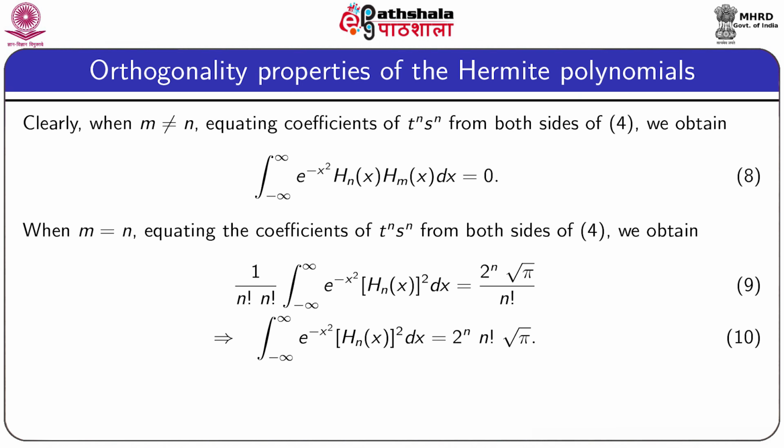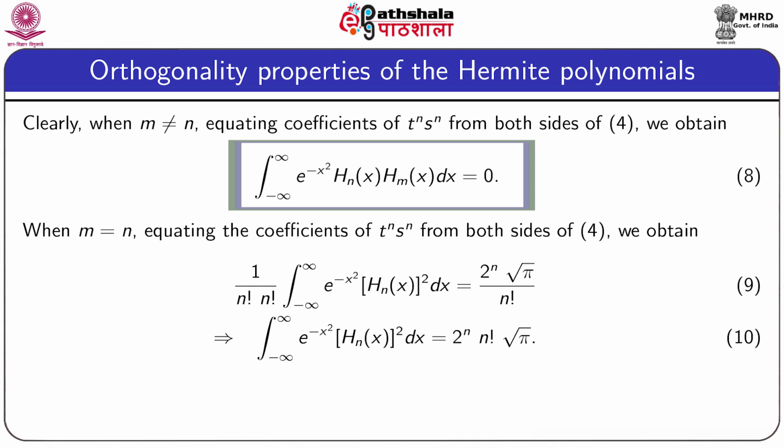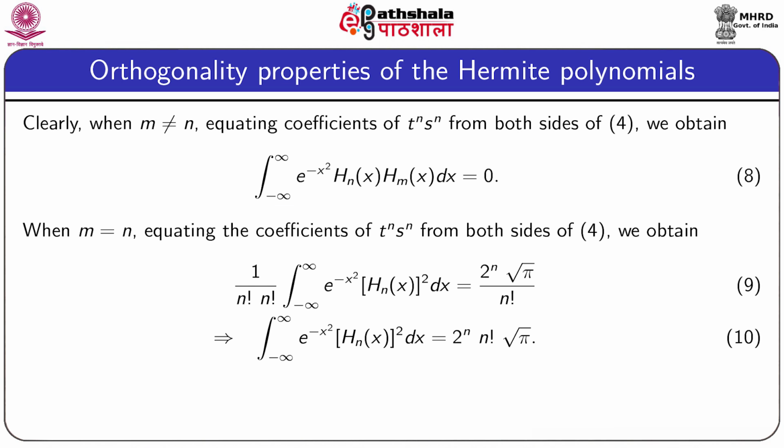Rearranging the terms, we get our required result as integration minus infinity to plus infinity e to the power minus x square H_n(x) whole square dx is equal to 2 to the power n into n factorial into root pi, given by equation 10.